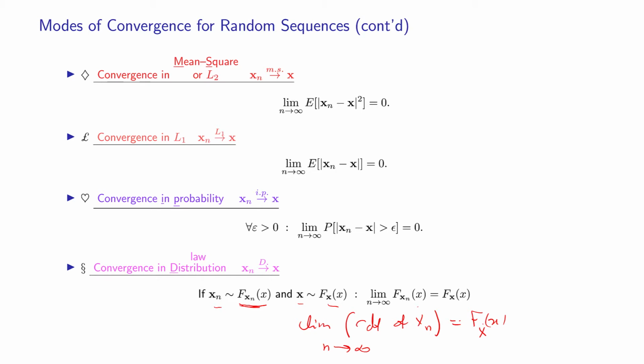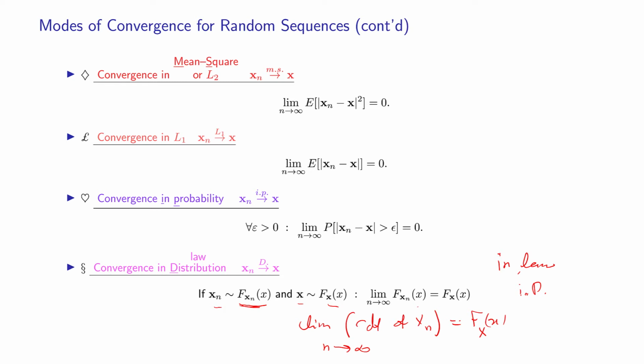So we call it convergence in distribution or convergence in law. Sometimes we write in law or convergence in distribution, or simply d. So these are the main modes of convergence.